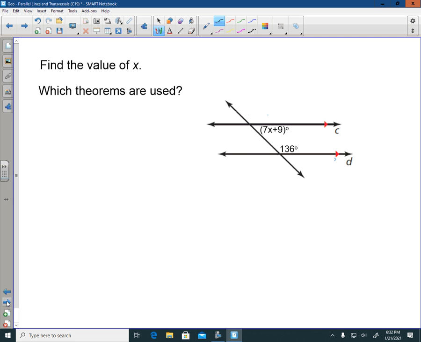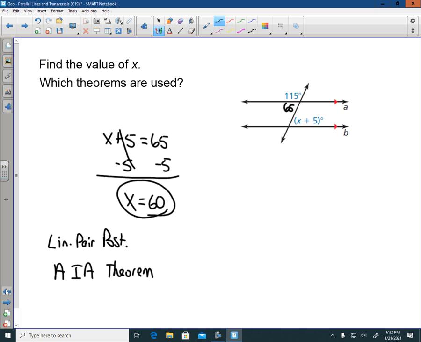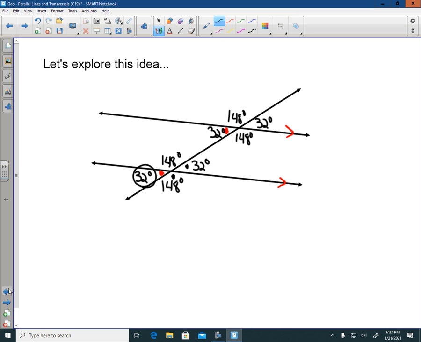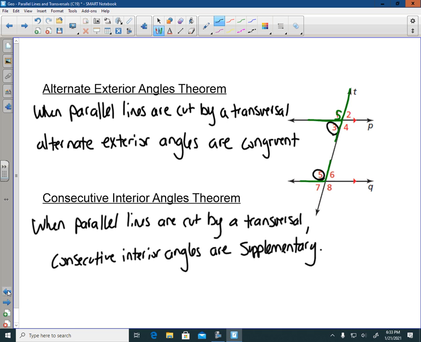Well, 7x plus 9 and 136 are on the same side of a transversal, and they're both inside those parallel lines. And so they must be consecutive interior angles. Well, what do we know about consecutive interior angles? We know that consecutive interior angles are supplementary.